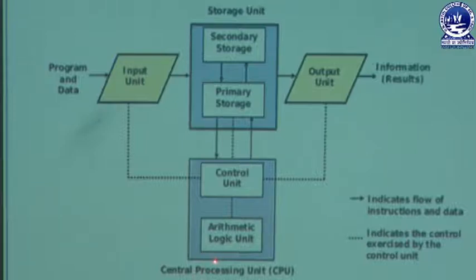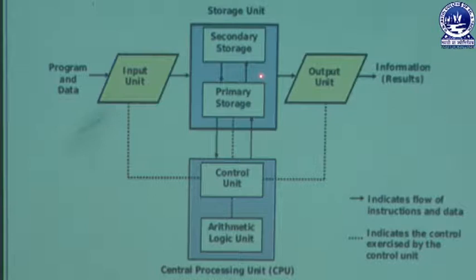After the data is processed, it is converted into information. That information will go back to the storage unit. That means here we are going to store the information permanently. So from the central processing unit the information flows to the storage unit.